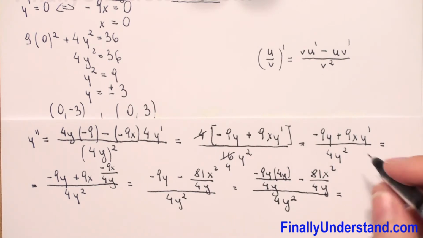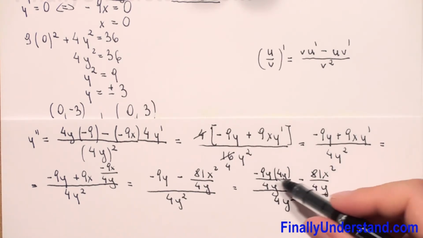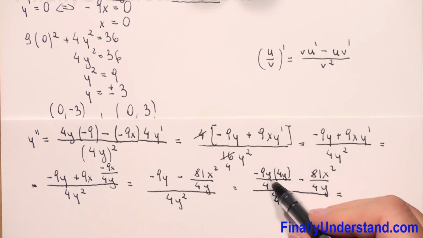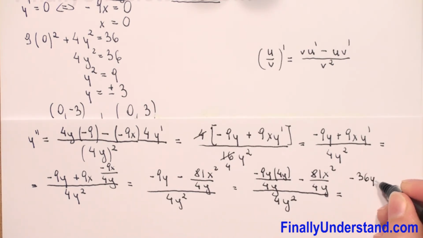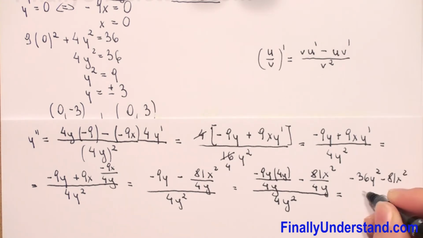So this is equal, when we have the same denominator, we can subtract fractions. So we have negative 9 times 4 is negative 36y squared minus 81x squared over 4y, everything over 4y squared.